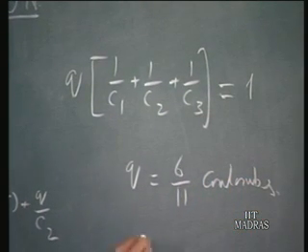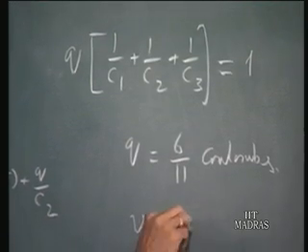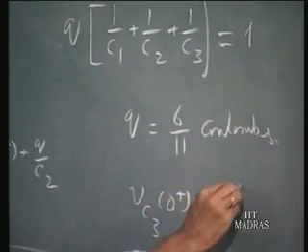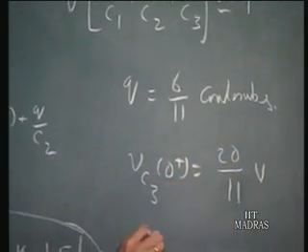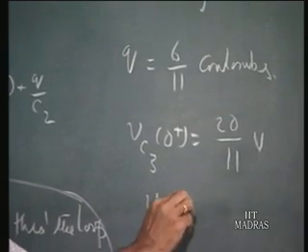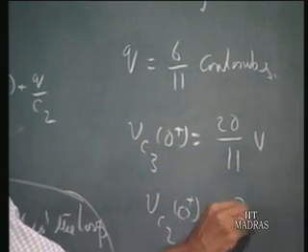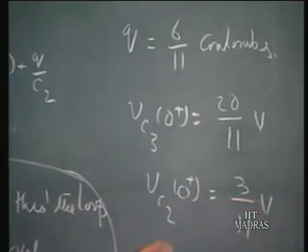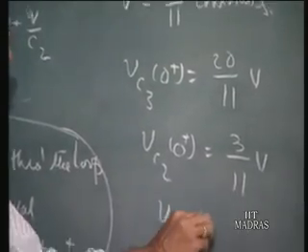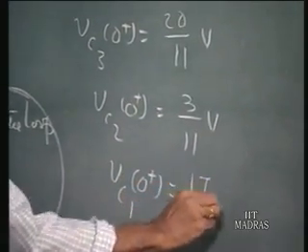and therefore you can calculate Vc3(0+) using this, it becomes 20 upon 11 volts, and Vc2(0+) equals 3 upon 11 volts, and Vc1(0+) will be 17 upon 11 volts.